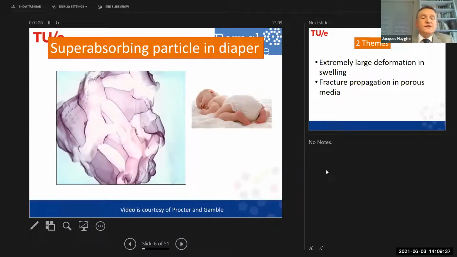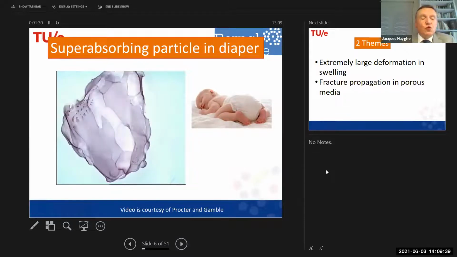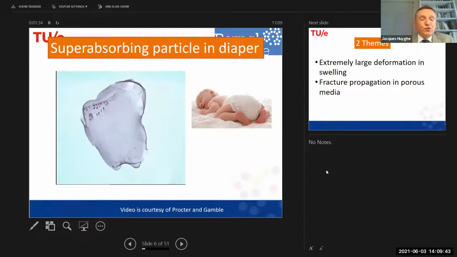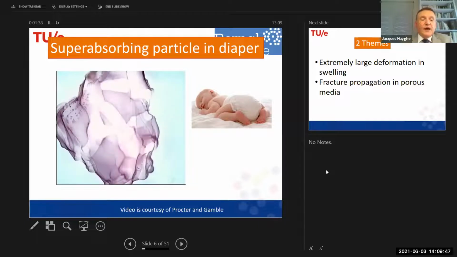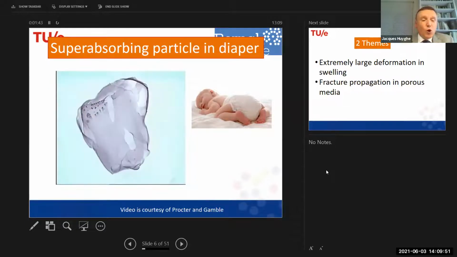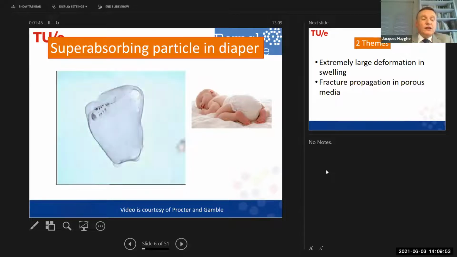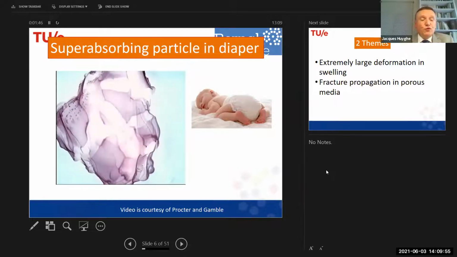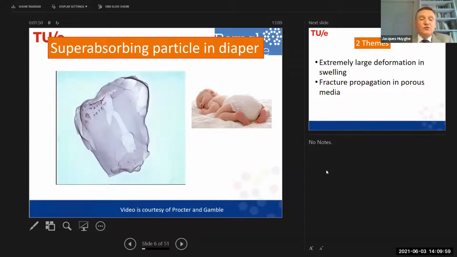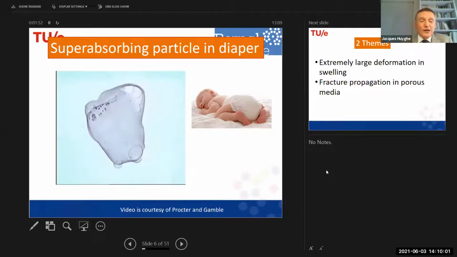The specifics of what I'm going to report about is work done together with Procter & Gamble on diapers. What is shown here on the video is one small particle, typically a dimension of a few hundred microns, inside the diaper that you see on the baby on the right.